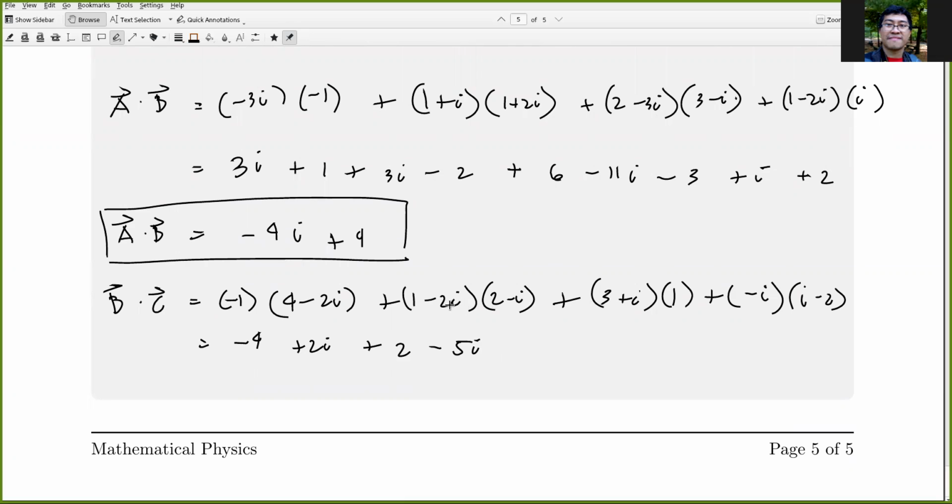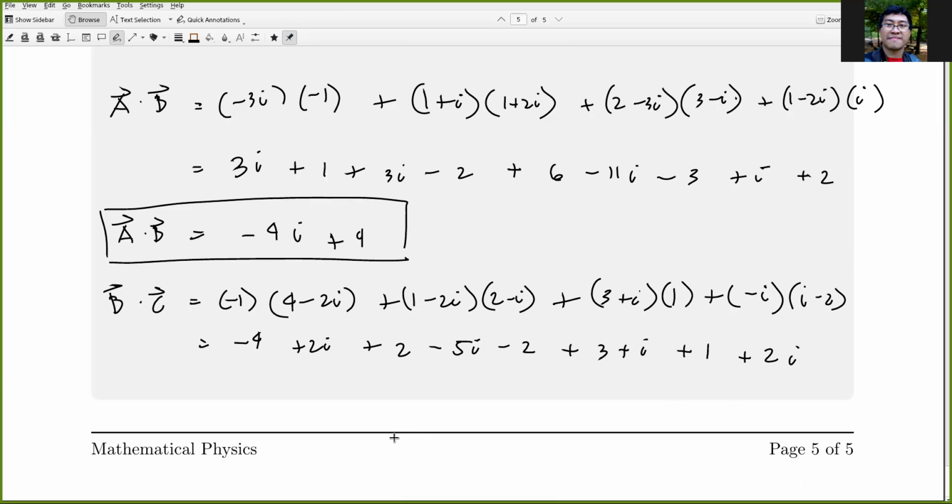Minus i minus 2i, so that's minus 2. Or 2i squared minus 2. Plus, you have 3 plus i here. And then finally you have plus 1. Okay, i. And plus 2i.